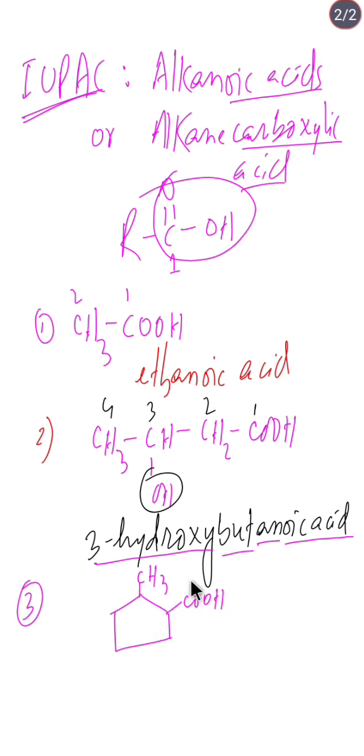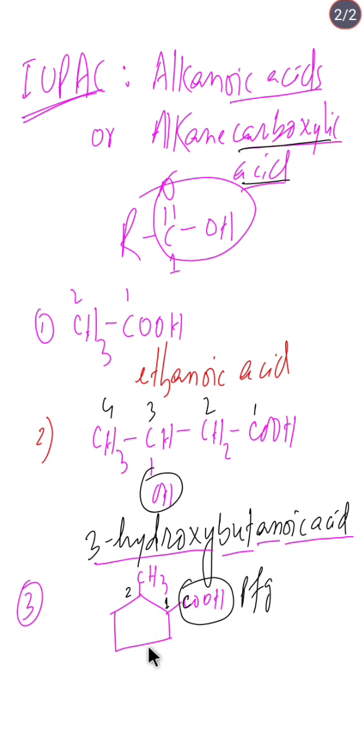This is our principal functional group, and this carbon atom is not numbered as 1 in this case, because this is outside the chain, and the carbon atom to which this COOH is attached is to be numbered as 1, and this is 2. So this carbon is not counted in numbering. So in such cases we are going to use carboxylic acid as the suffix, not oic acid.